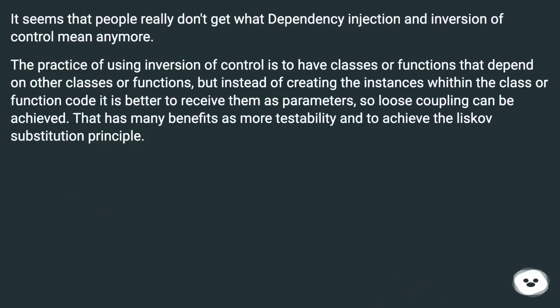It seems that people really don't get what dependency injection and inversion of control mean anymore. The practice of using inversion of control is to have classes or functions that depend on other classes or functions, but instead of creating the instances within the class or function code, it is better to receive them as parameters, so loose coupling can be achieved. That has many benefits, such as more testability, and achieving the Liskov substitution principle.